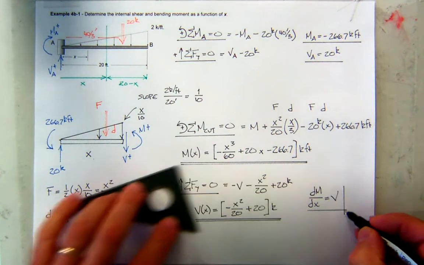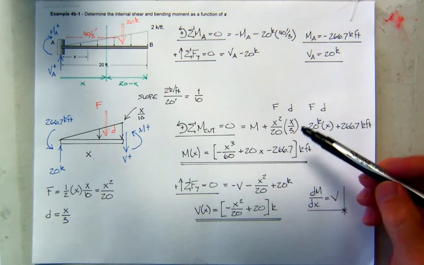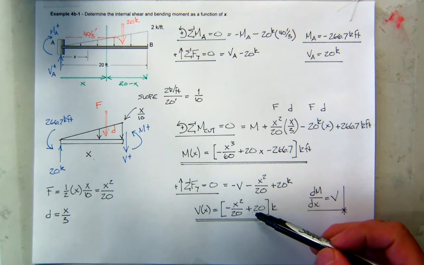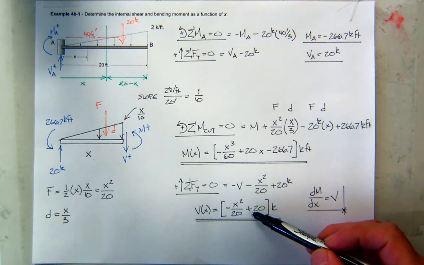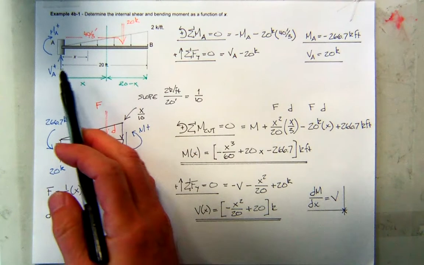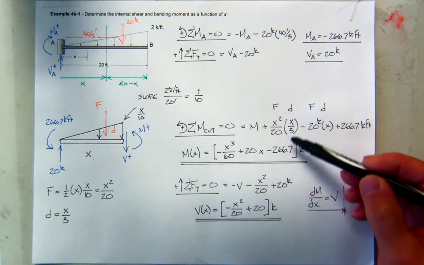Now, we haven't proved that yet, but I'll tell you, it's true. So here's another check. If you take the derivative of your moment and you don't get your shear equation, then something's not right. So you can only match each equation with things that you know about the structure, but there's a relationship between these two independent things.